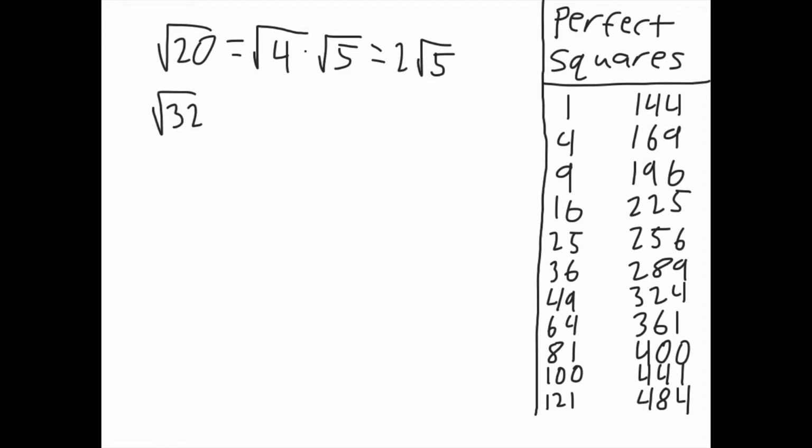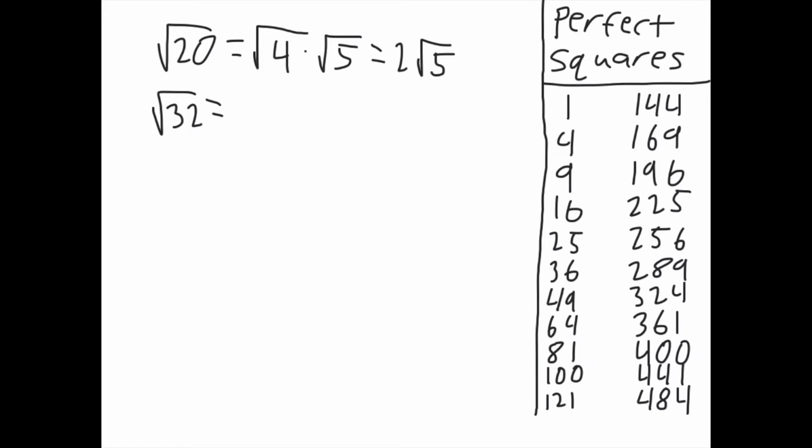Now let's look at the next problem, square root of 32. So once again, we look, ignore 1, can 4 divide 32? 32 divided by 4 is 8. So yes, that works. Notice there are two ways to do this.